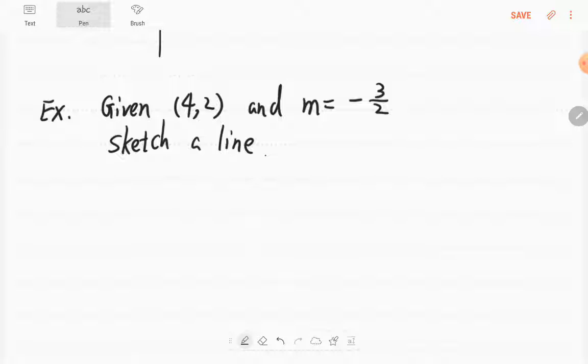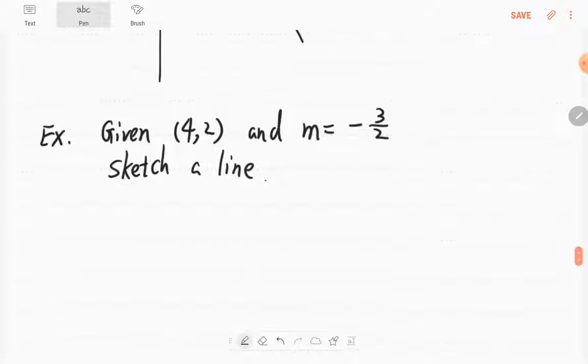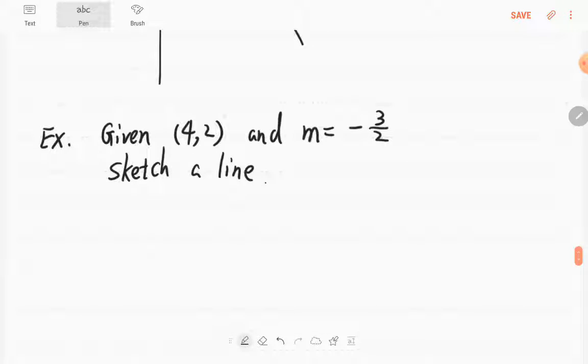We know that 2 points determine a line. We already have one point, which is 4, 2. If we can get another point, then we're done, right? So we can use this slope to get another point.